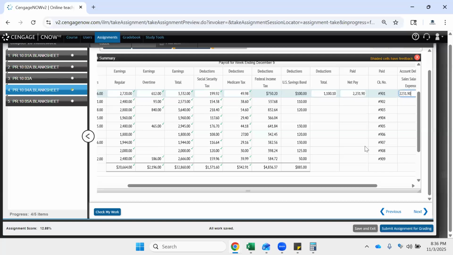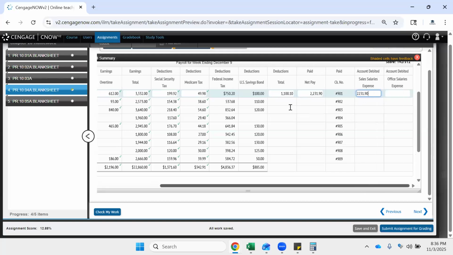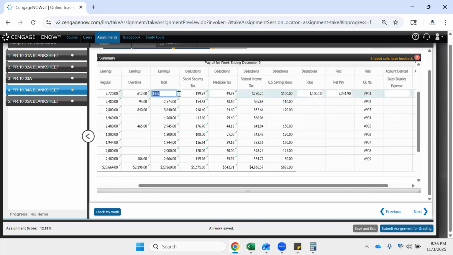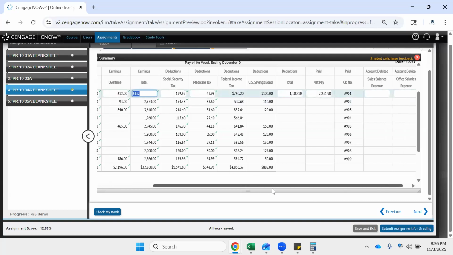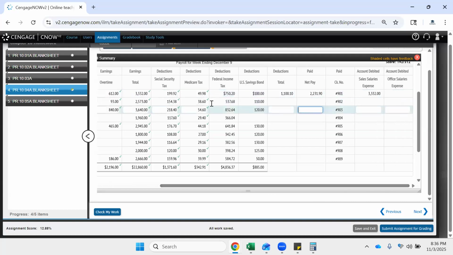And this is a sales salary expense. The amount of sales salary expense is going to be the total earnings of the employee, and these deductions are the employee paid portions of the Social Security and Medicare tax. The employer also is going to owe Social Security and Medicare, but that's not going to show up on the employee's pay stub.